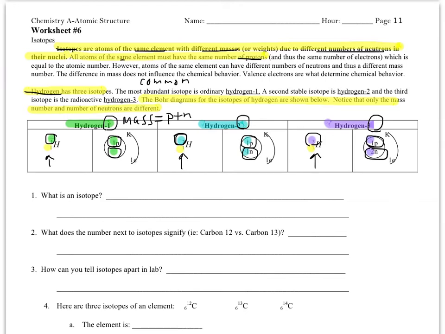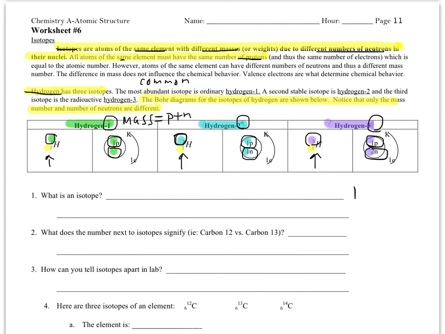So this is what makes things a little bit complicated. If I were to ask you, what's the mass of hydrogen? Well, hydrogen 1 has a mass of 1, and hydrogen 2 has a mass of 2, and hydrogen 3 has a mass of 3. But when I ask you, what's the mass of hydrogen, you kind of have to take all of them into account. And you'd think, oh, we just find an average, right?